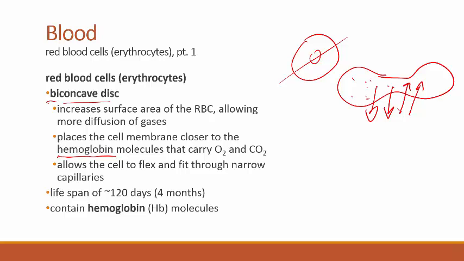So a red blood cell has a lifespan of only about 120 days, so that's something on the order of 4 months. By the end of those 4 months, it has accumulated enough damage that they can begin to leak.